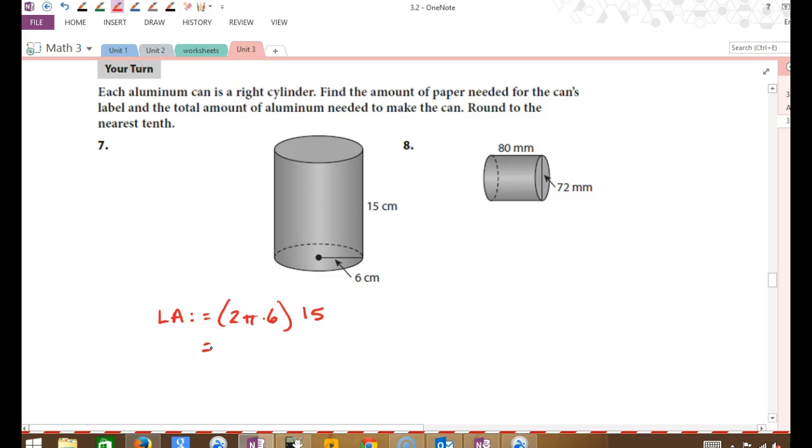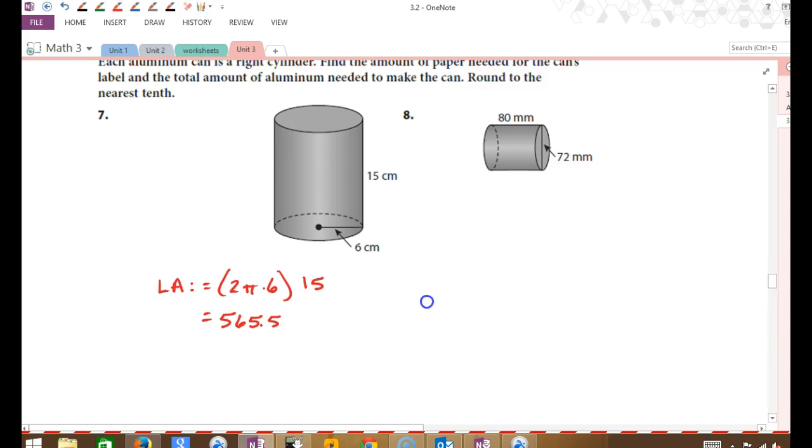Let's round to the nearest tenth, so 1 decimal place. Everybody knows where to find the pi button on the calculators? Second exponent button. Make sure you use the pi button and do not use 3.14 because that's a rounded value. You want to be exact. 565.5. Anybody confirm that?